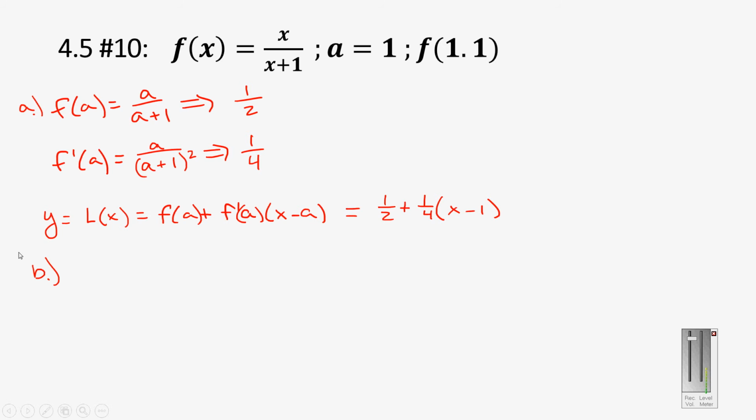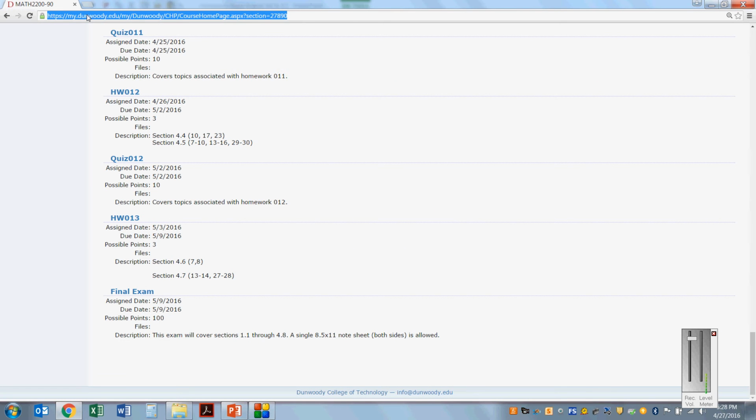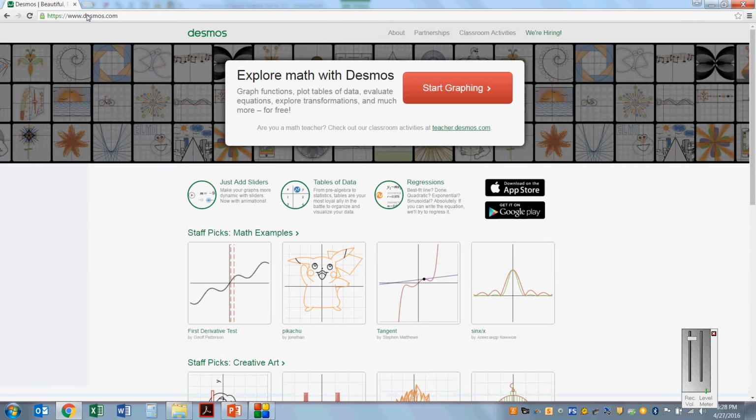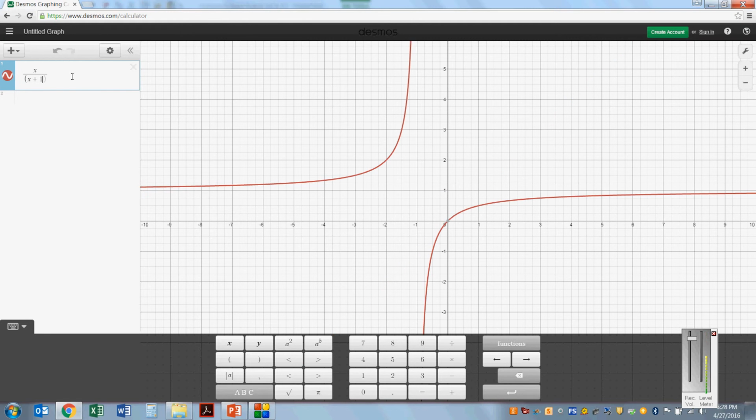let's do this real quick. Keep my annotations here. See if I can go into Desmos really quick. The first function I will graph is my initial function, x divided by x plus 1.